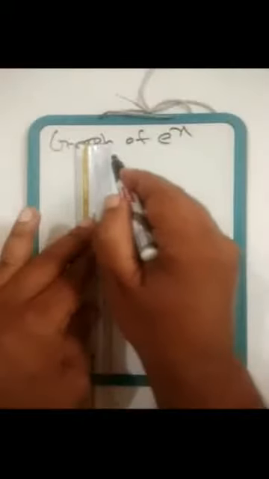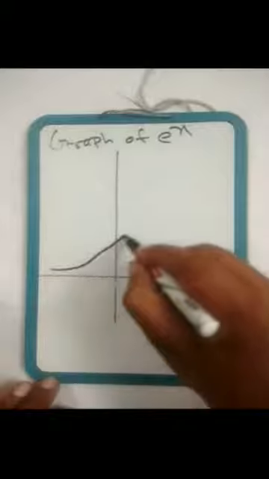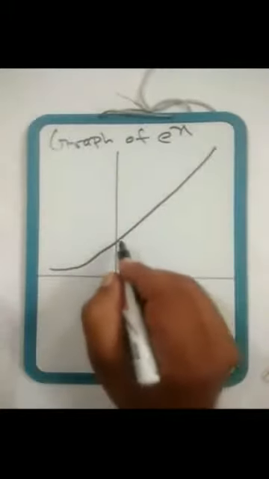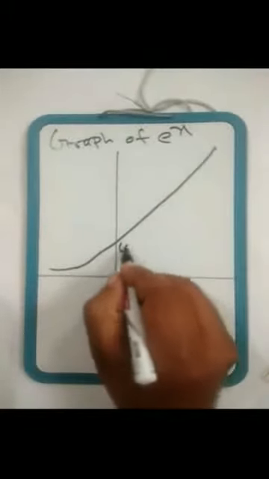The graph of e raised to x looks something like this. So here is 0, 1.